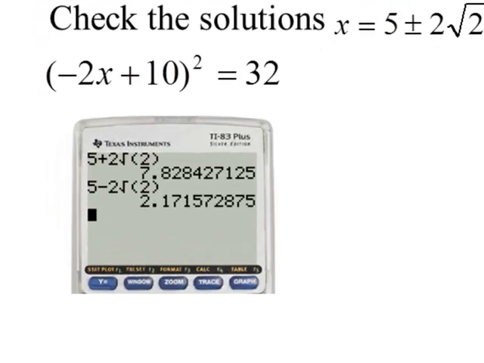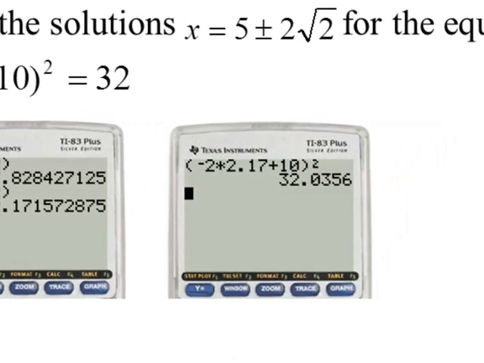Using a graphing calculator, we can approximate the two solutions. 5 plus 2 radical 2 is approximately 7.83, and 5 minus 2 radical 2 is approximately 2.17 to 2 decimal places.